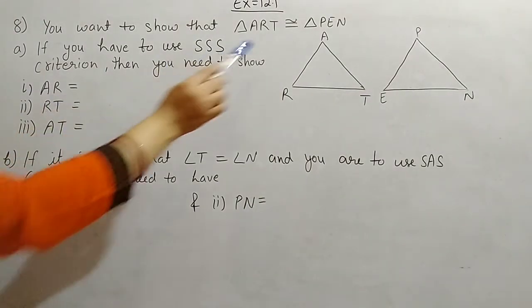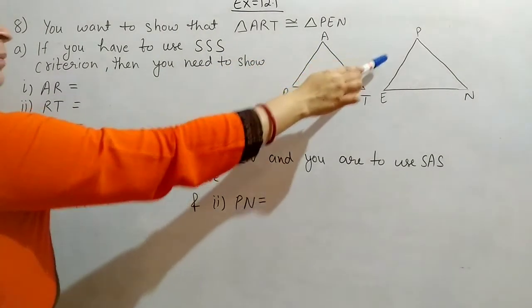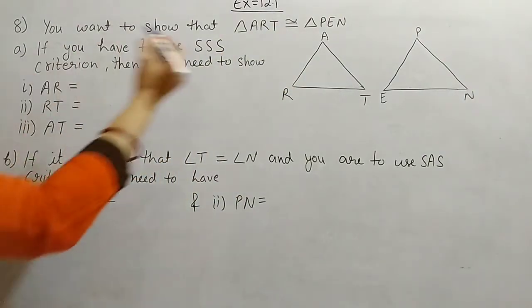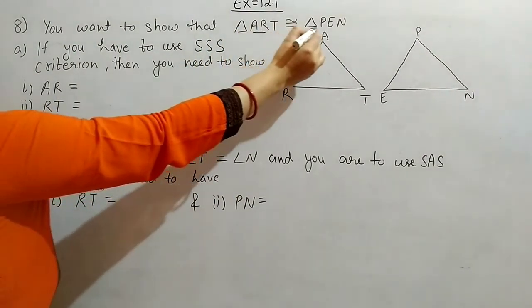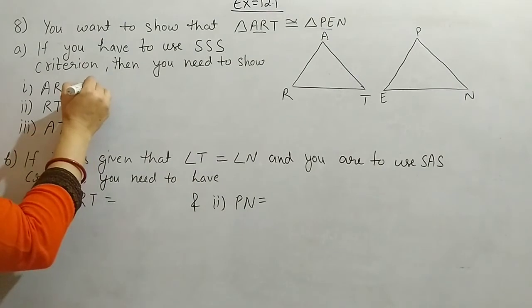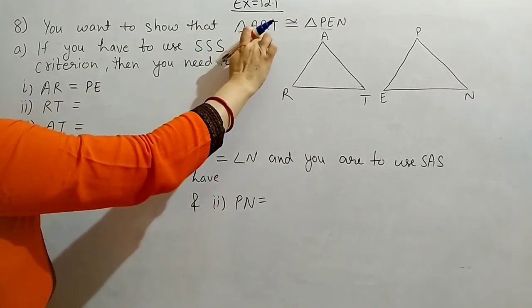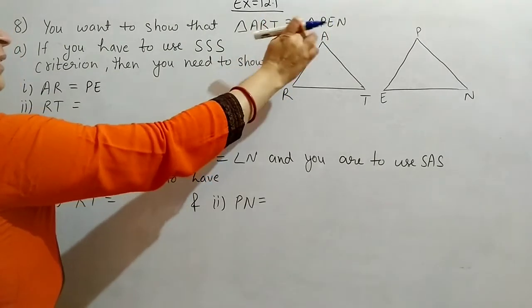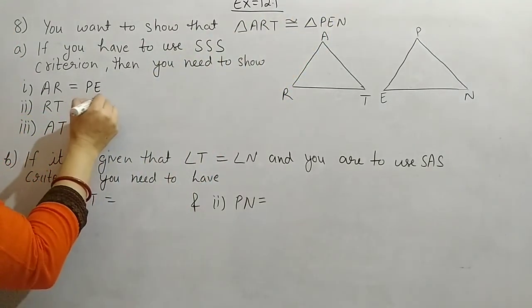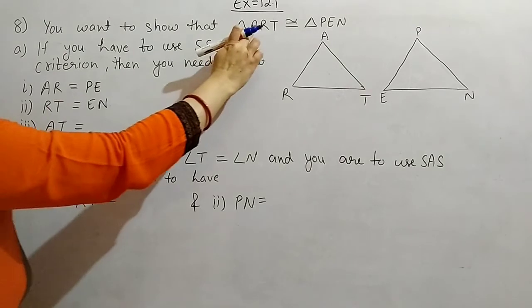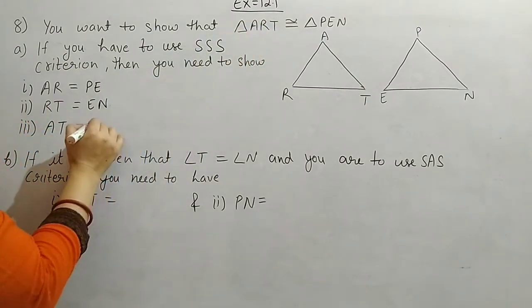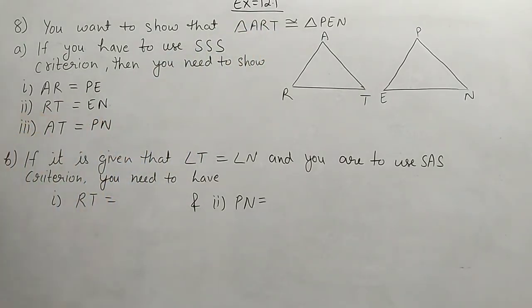Now AR corresponds to PE, you can compare this without the figure also, AR means starting to PE. Then RT, next to RT means EN. Then AT, first and last, PN.